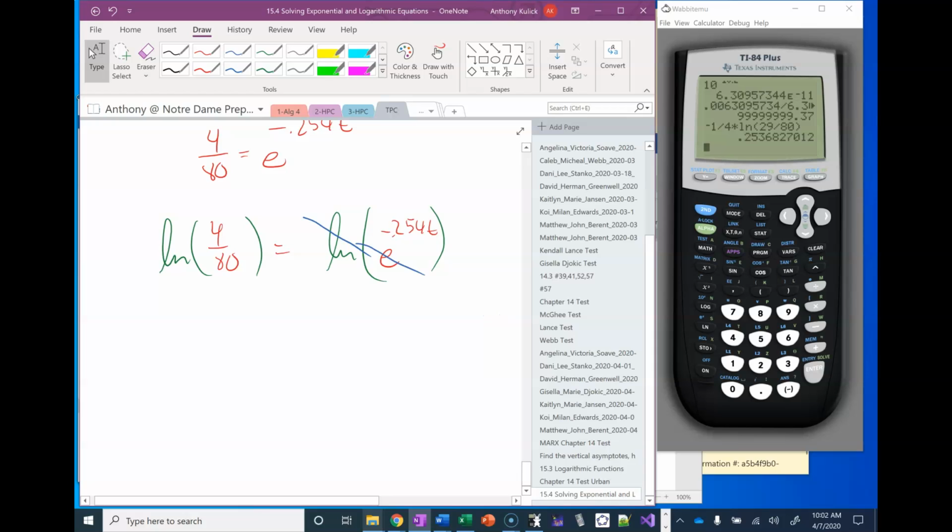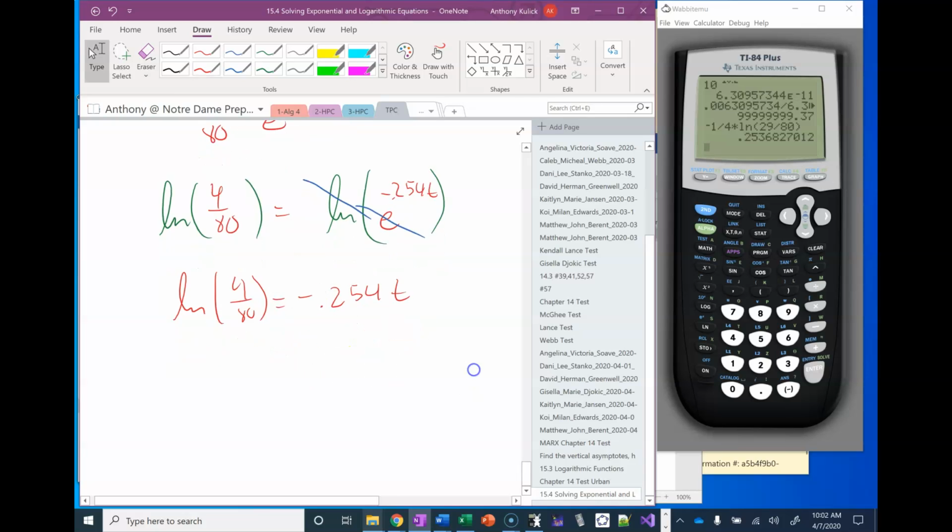So the log base e will cancel exponent base e. My last step will be to divide both sides by -0.254.